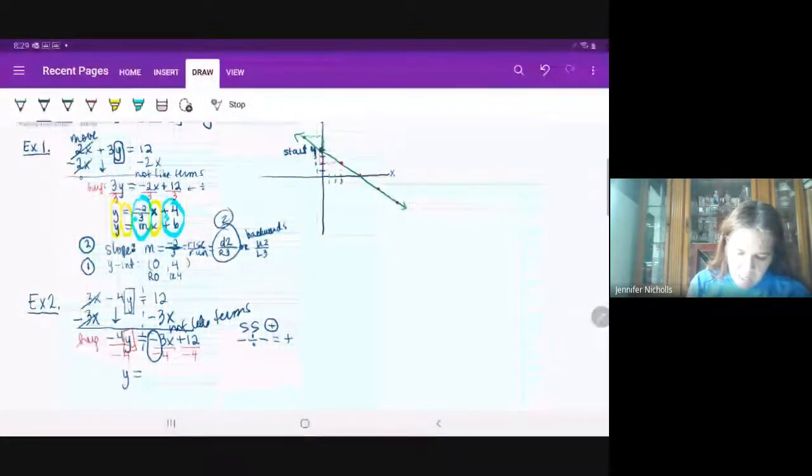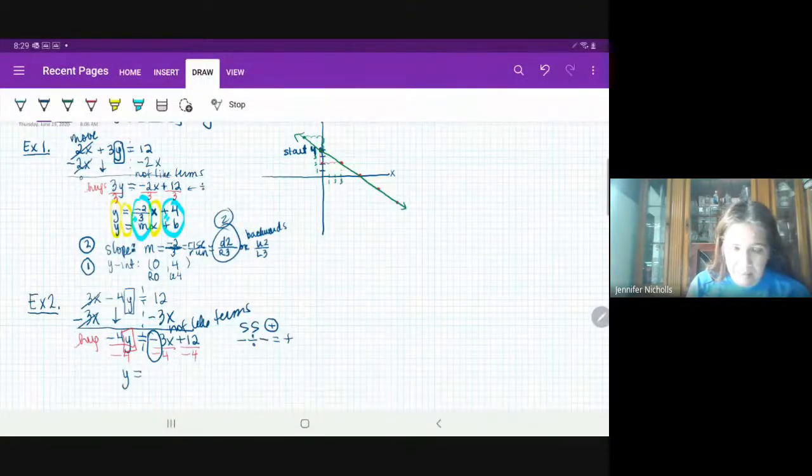So even though I can't actually divide them because 4 does not go into 3 evenly, I change it to a plus. There was one problem that we had that looked like that in our homework, but we hadn't done an example question like it. So here's our example question for that. So a negative divided by a negative turns out to be a positive, so that changes to a positive.